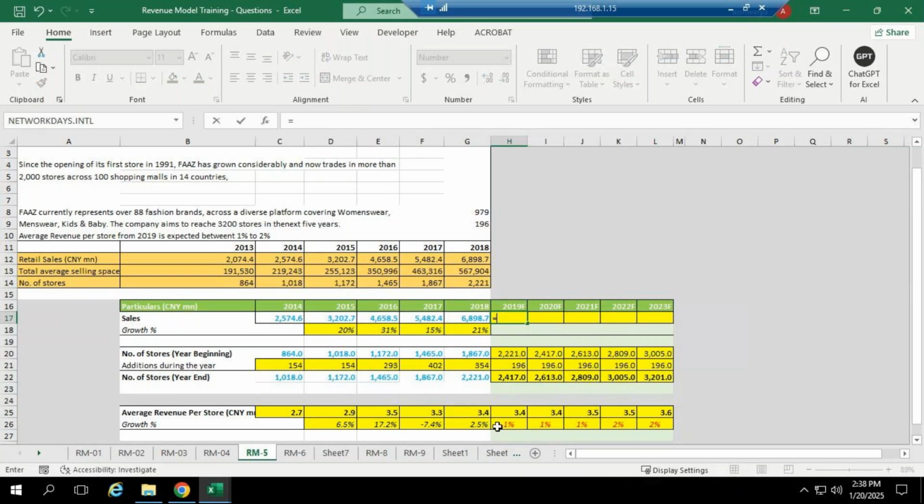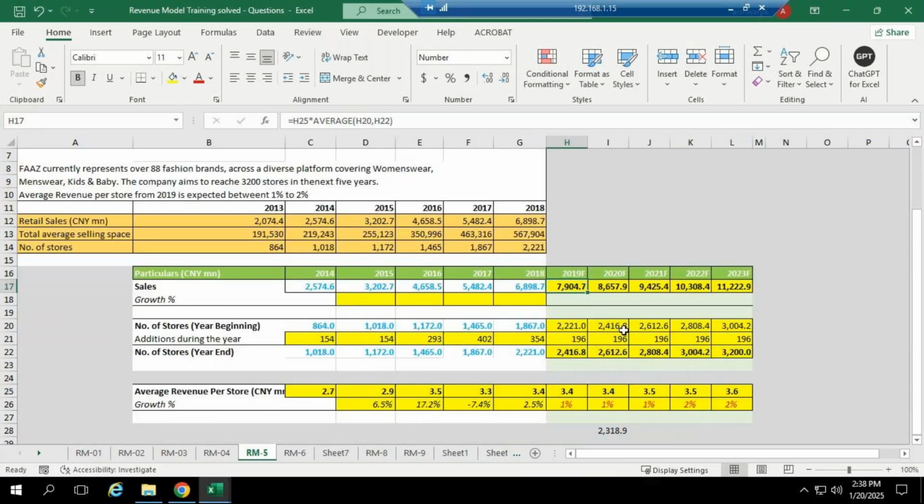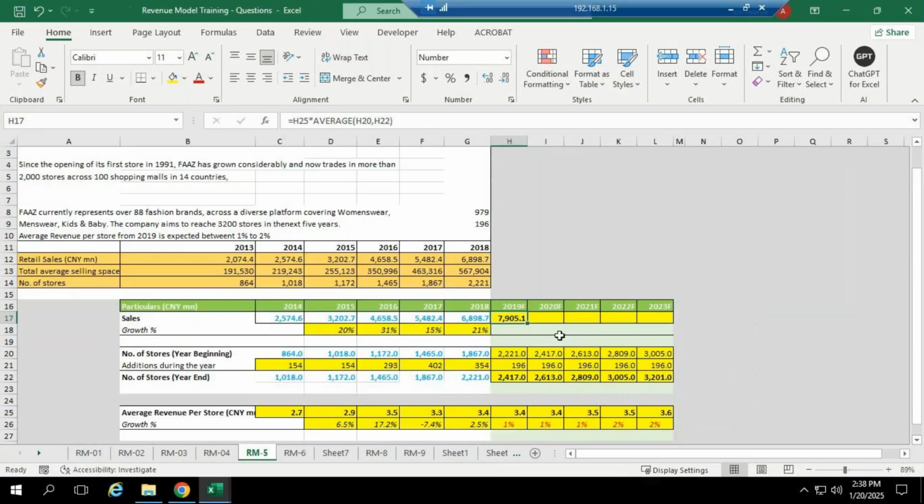Is equal to revenue into average of number of stores at the year beginning and at the year end. Close bracket, enter. 7,905. So now again you have to drag it over here. See, now you will be getting the answers.